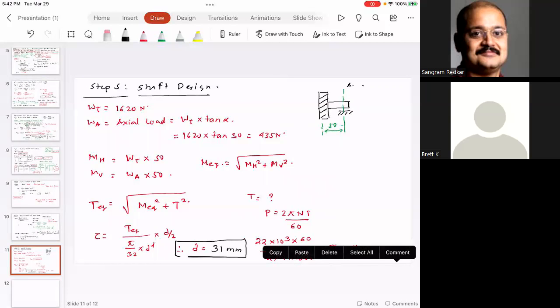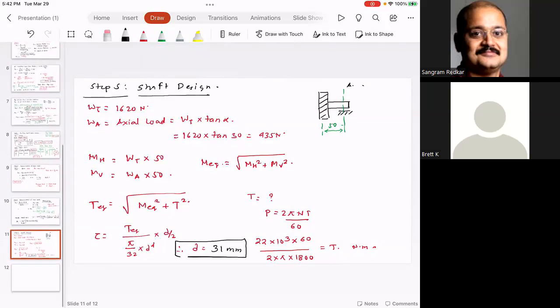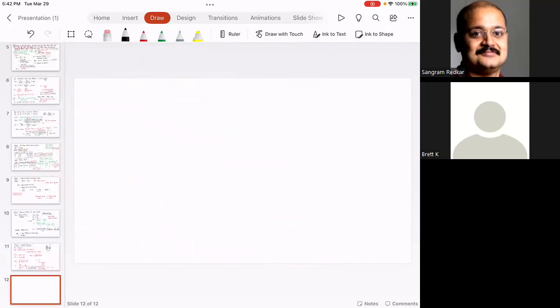Please understand the bevel gear design process is also similar. We take the bevel gear and try to convert it into the form of a spur gear, and then follow the exact same principles and same equations. So what is different between the spur gear, helical gear, and bevel gear?